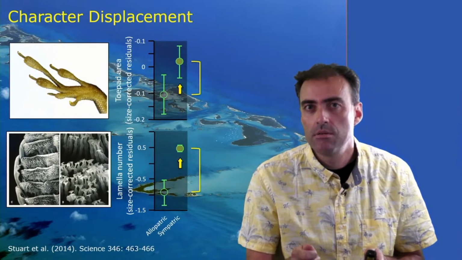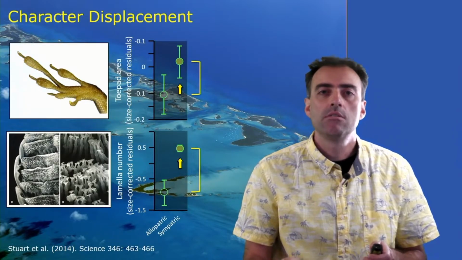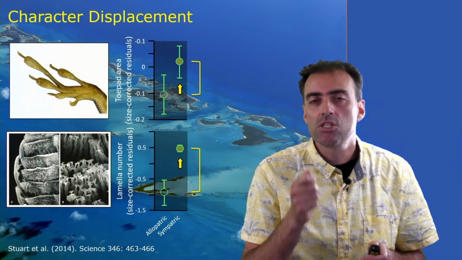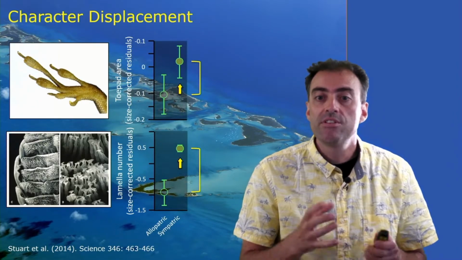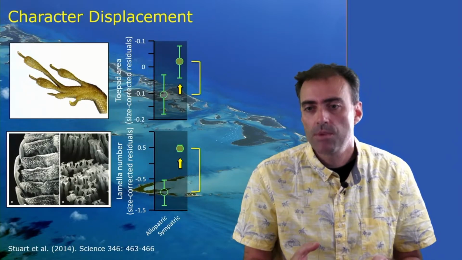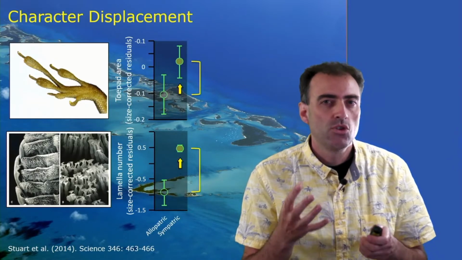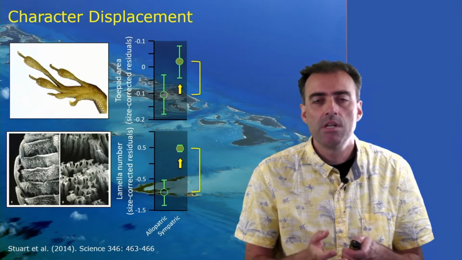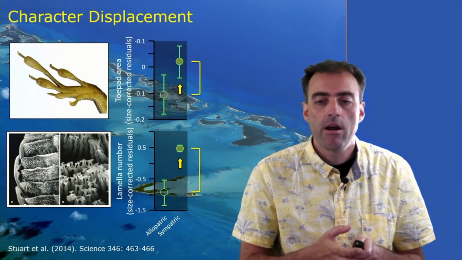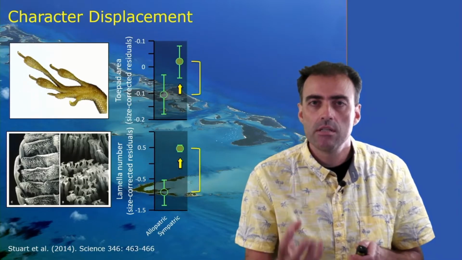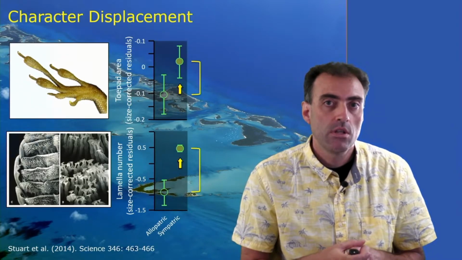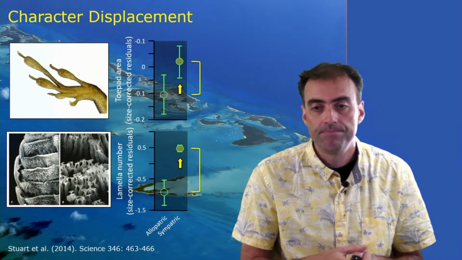It's adapted, and it's adapted because those lizards are now using a slightly different microhabitat, those spindly branches. And this is an example of character displacement. The character here is toe pad area, and the displacement is increasing toe pad area and the structure of those toe pads that allows these lizards to cling on to those branches a lot more effectively.